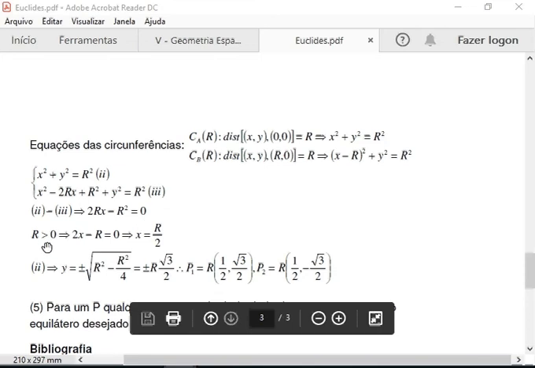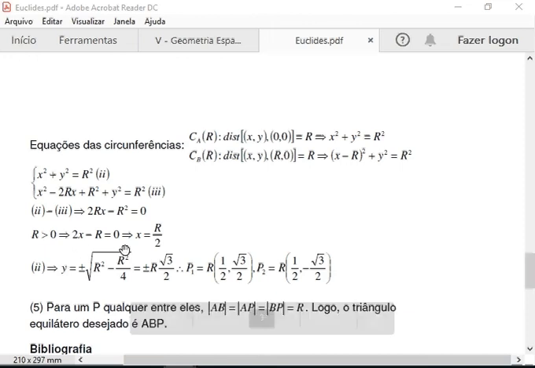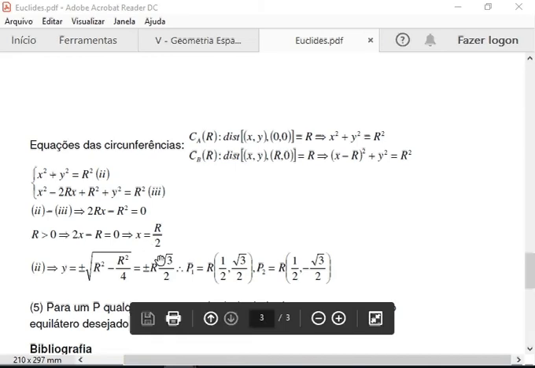Our radius is greater than 0. So we may divide by a number different from 0, and by linear equation of first degree, 2x equals r, x equals r divided by 2. Equation 2 implies that y is plus or minus the square root of r squared minus x squared, and x squared is r squared over 4.